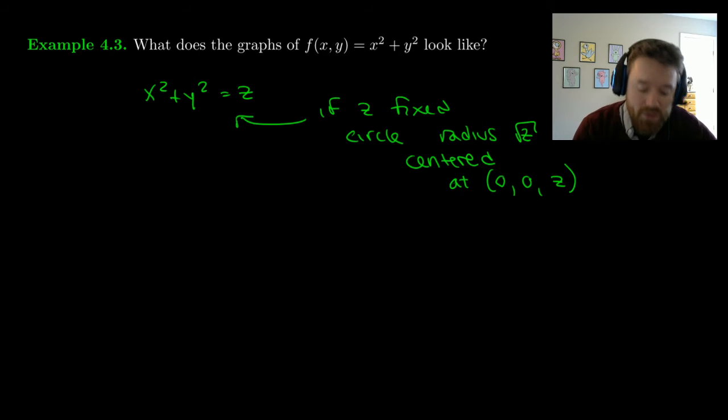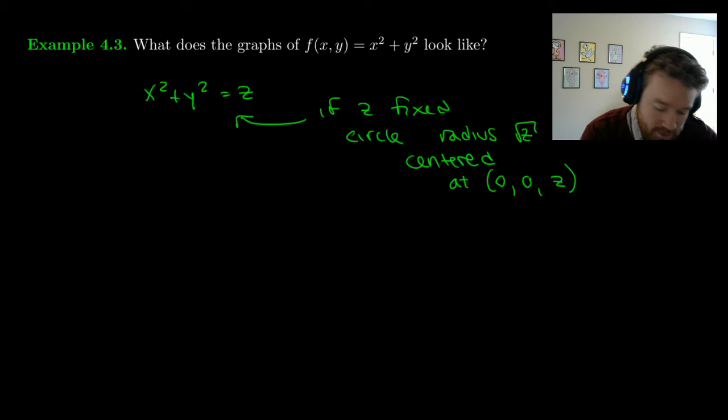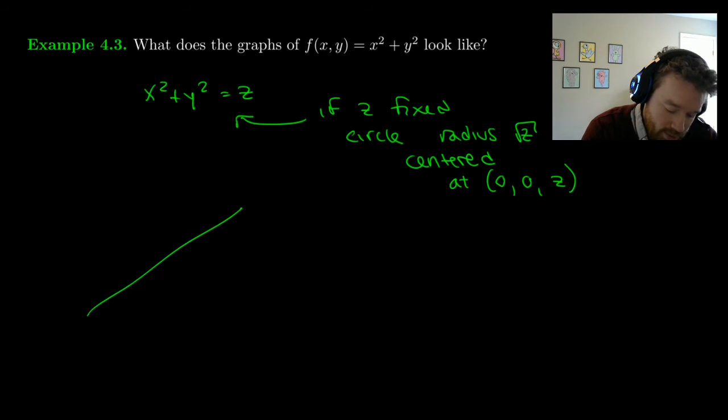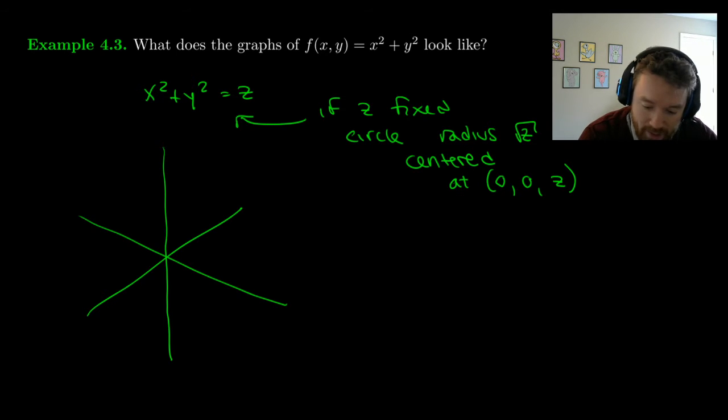Now, what these circles look like remains to be seen. Let's maybe try to graph some of these. Well, I know at least right here at z equals 0, I have just a dot, right? Radius 0 circle. At z equals 1, I have the circle x squared plus y squared equals 1.